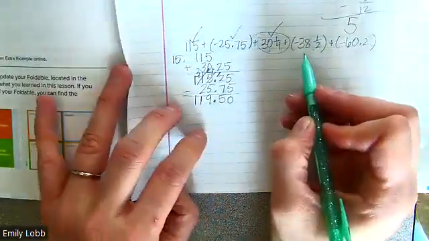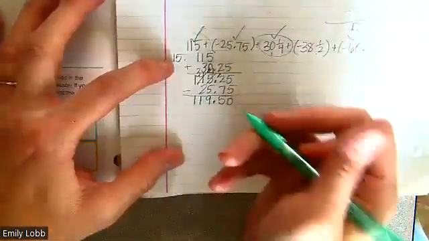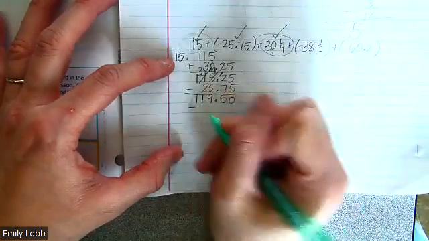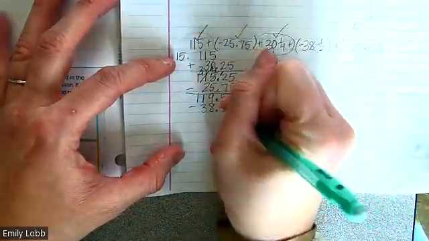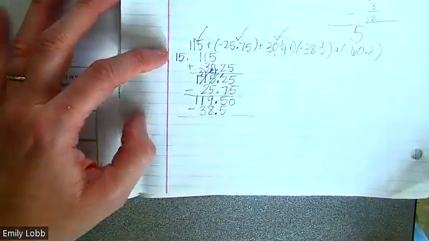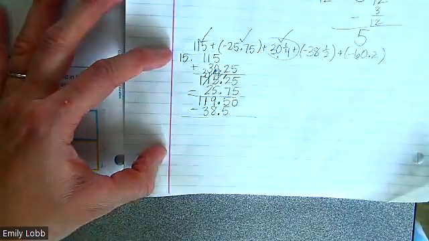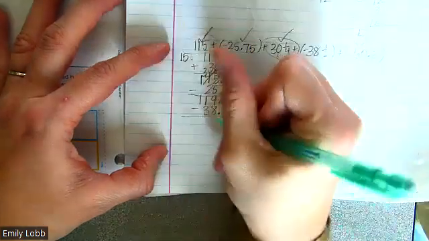Now I have to subtract negative 38 and a half. How do I write that as a decimal? .5, good. So my decimal here is going to go away because 0.5 minus 0.5 is gone. What's 9 minus 8? 1.